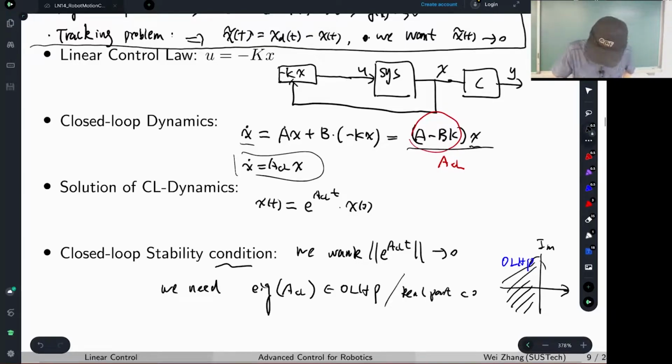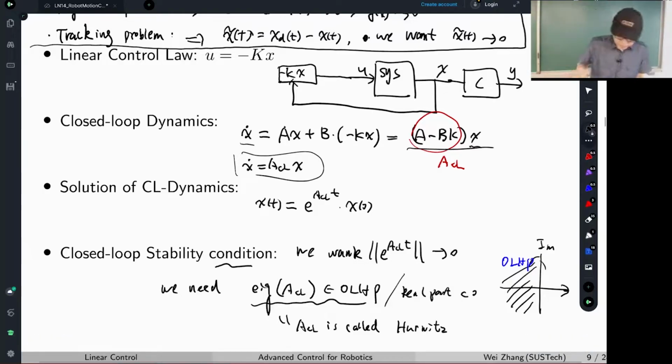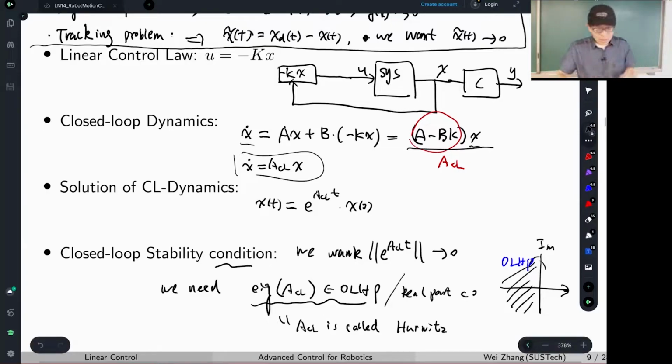If they satisfy this property, then A closed loop is called Hurwitz, or simply stable, or asymptotically stable. Along the way I introduced some terminologies, but that's not essential.